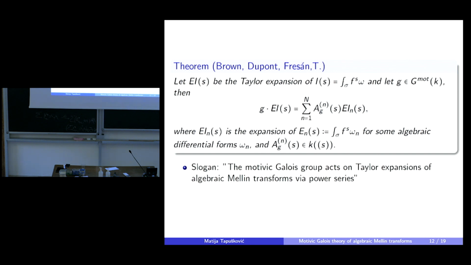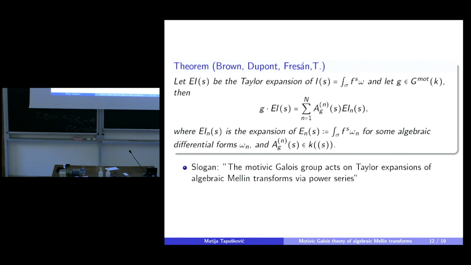In this way, it just gives a finite sum where on the right-hand side we have, again, expansions of algebraic Mellin transforms, now for omega n, some other algebraic differential forms.